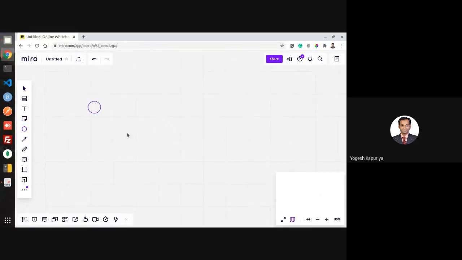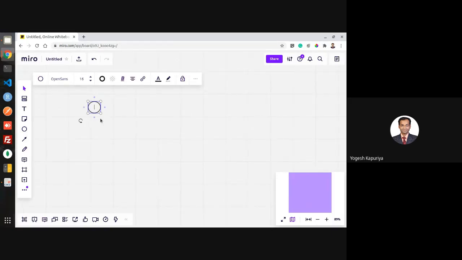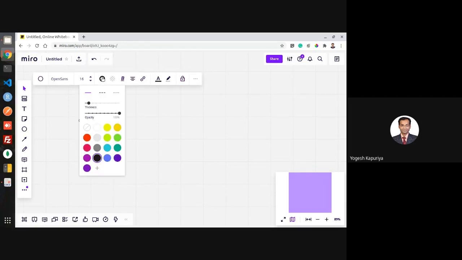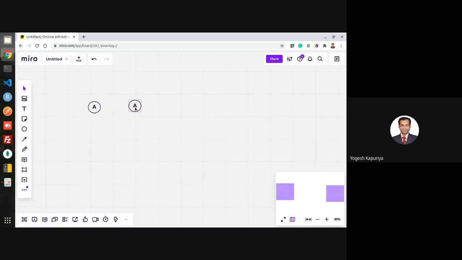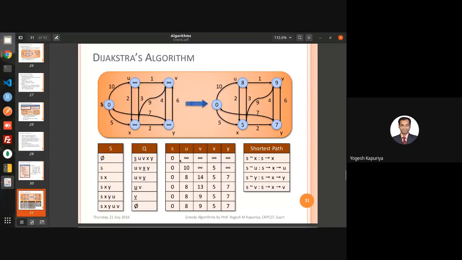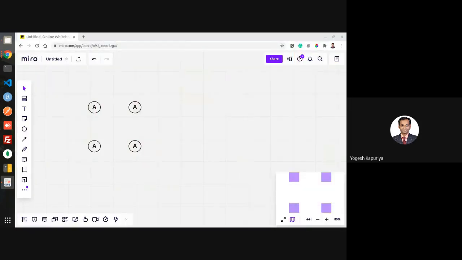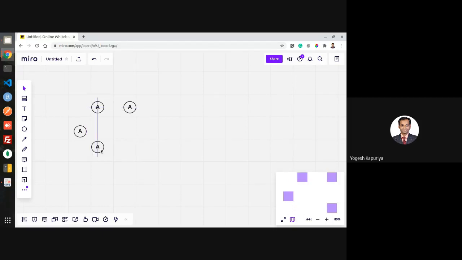So let us say we have a simple graph. Take the same example. Okay, so there are five vertices.